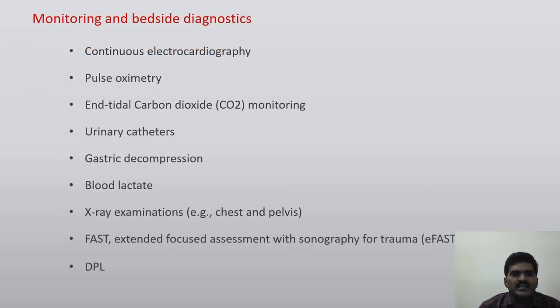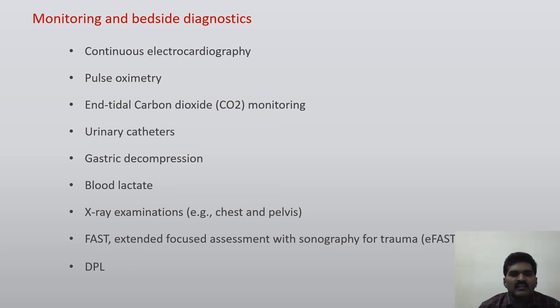Then monitoring and bedside diagnostic equipment are there. Continuous electrocardiography or a multi-channel monitor which gives you saturation, ECG, and also blood pressure. A pulse oximeter, end-tidal carbon dioxide monitoring, urinary catheters, and gastric decompression, again if the patient is in shock.